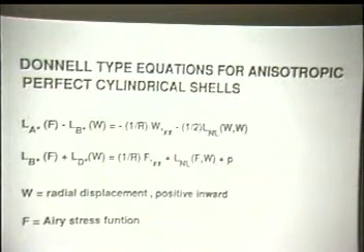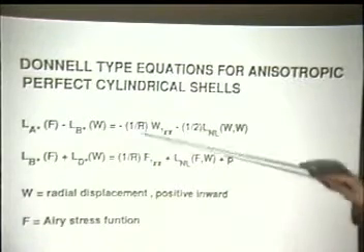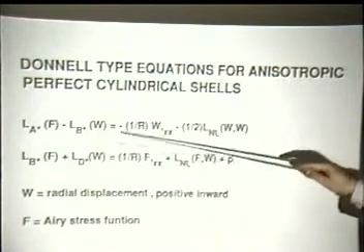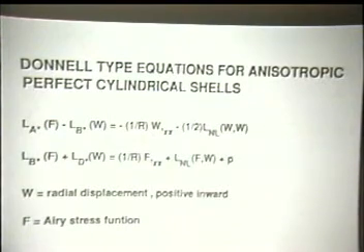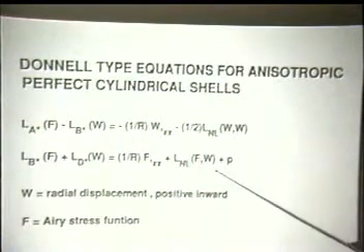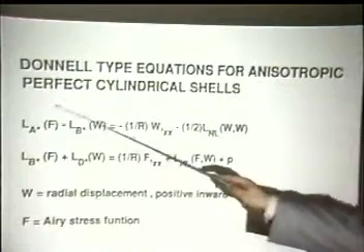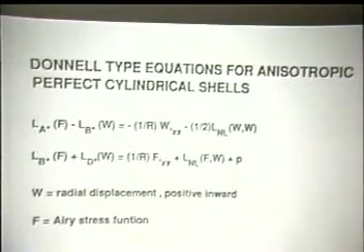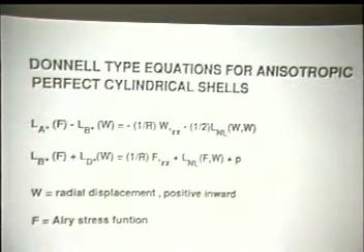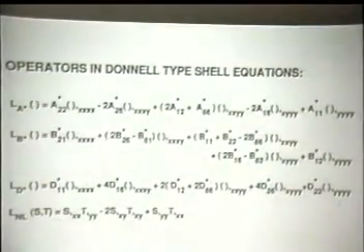I have written here Donnell type shell equations. I have discussed them already in my previous lectures. The nice thing about this approach is that the right hand side remains the same as before, and the anisotropy comes in by these linear operators, which are shown on the next slide.